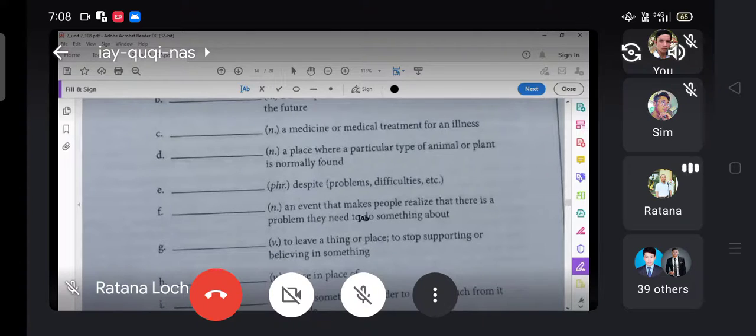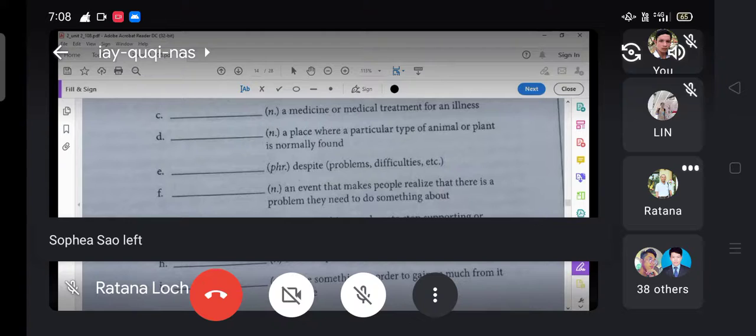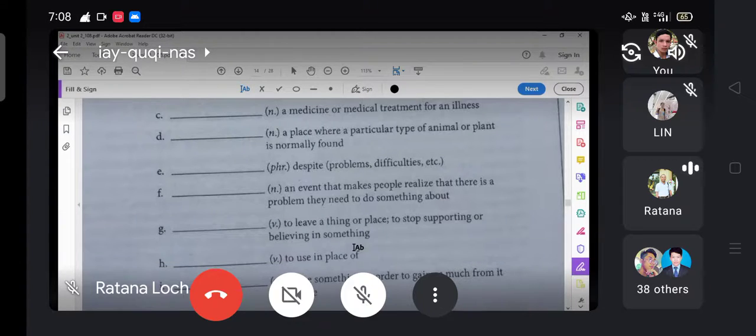E, despite problems, difficulties. In the face of. Yes, in the face of. Okay, number 5. F, an event that makes people realize that there is a problem they need to do something about.